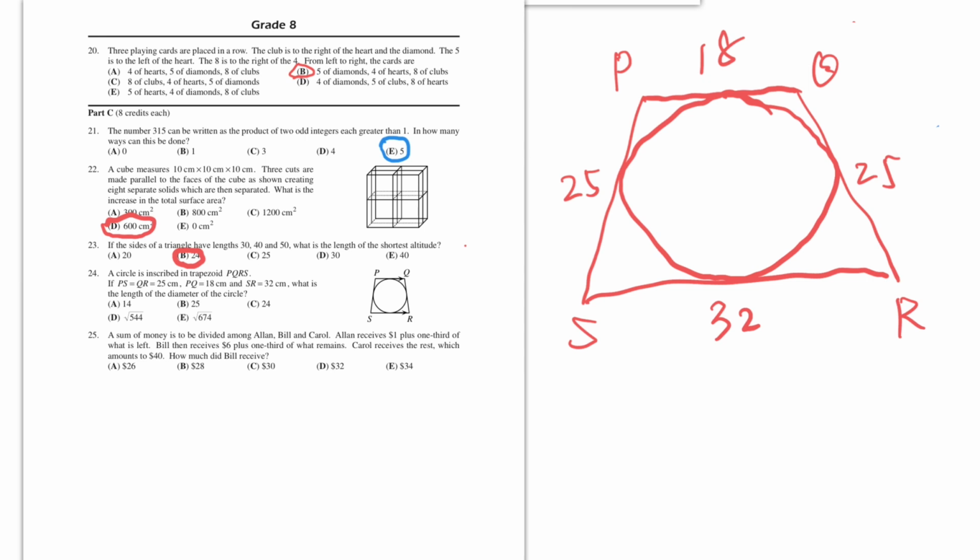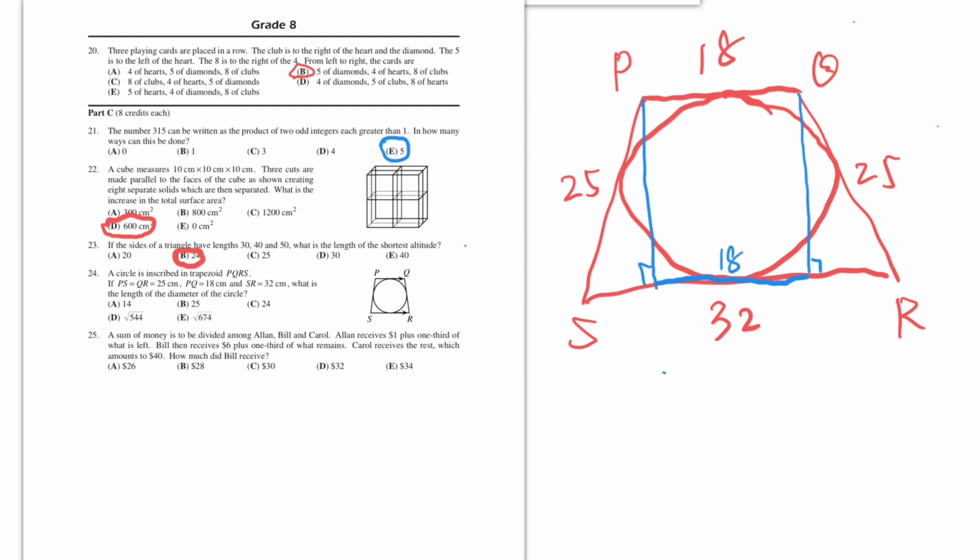So how do we solve the problem? So we just from the Q do the perpendicular line. From the P do the perpendicular line. Now the bottom one, this part is the same as the top, is the 18.